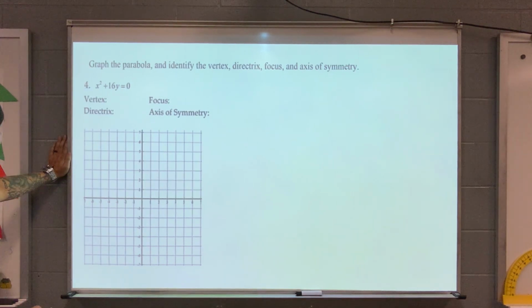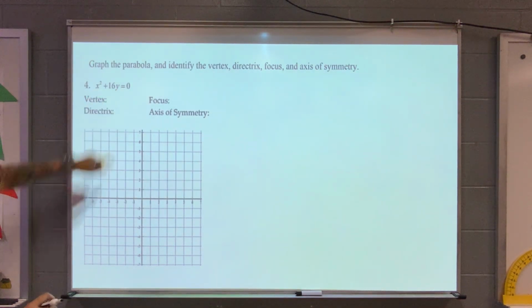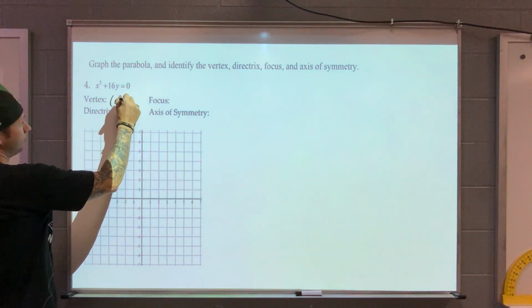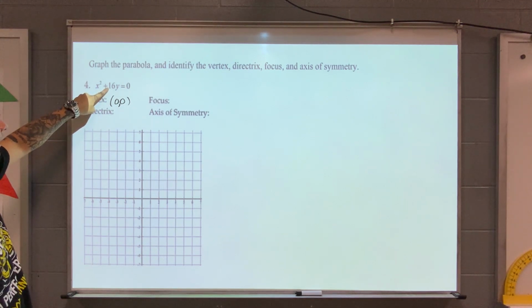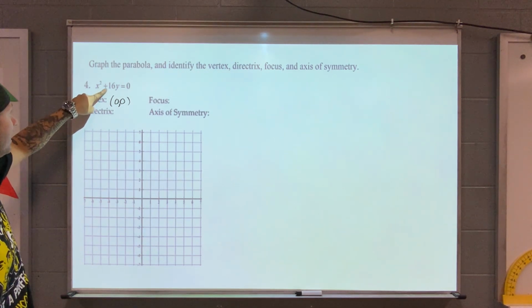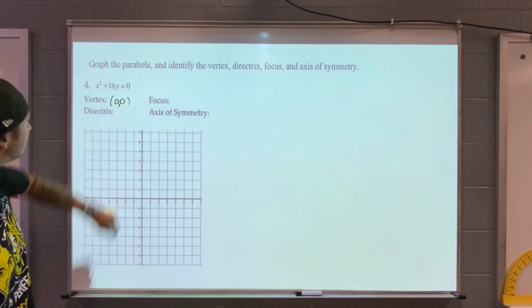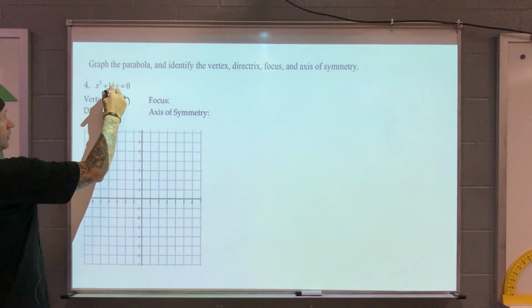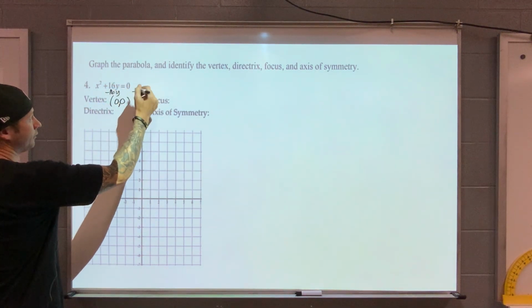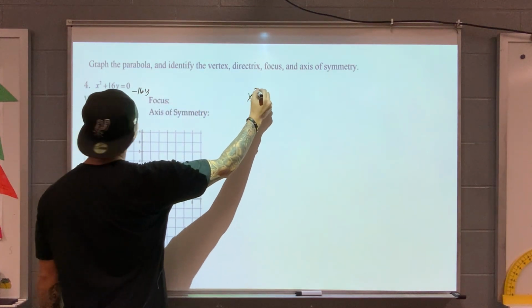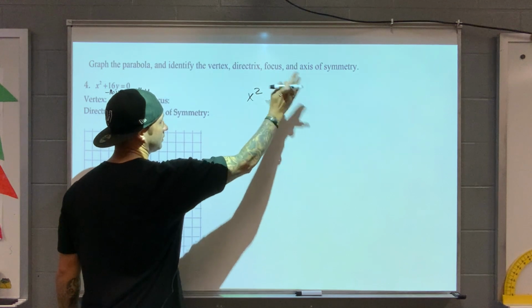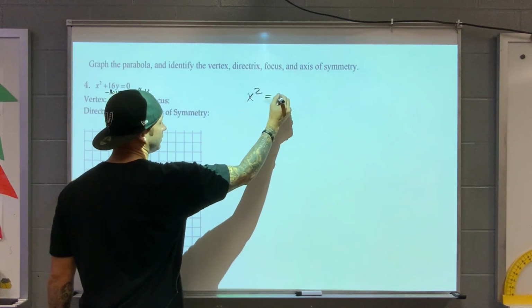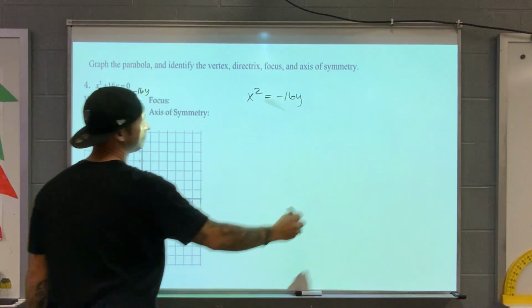All right, number 4. Again, no numbers, so the vertex is at (0, 0). The difference here is that x and y are on the same side. I'm going to move the 16 over by subtracting from both sides. So x squared equals negative 16y.